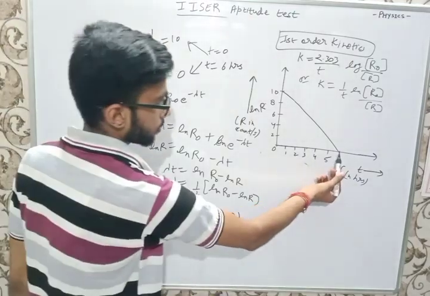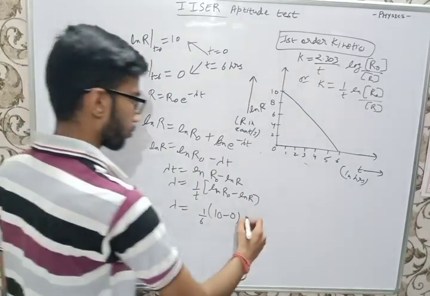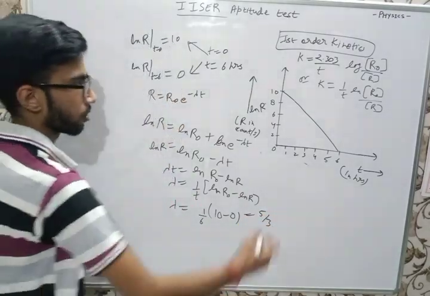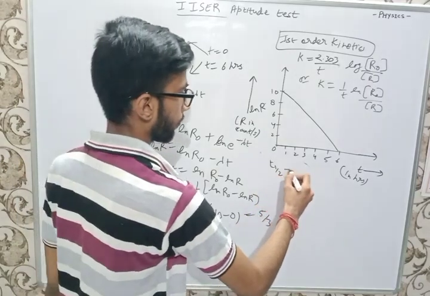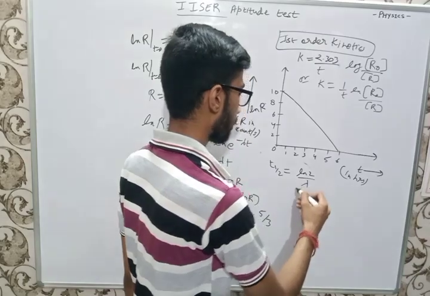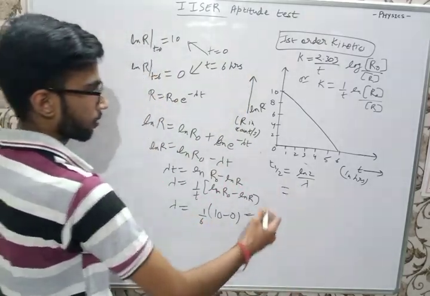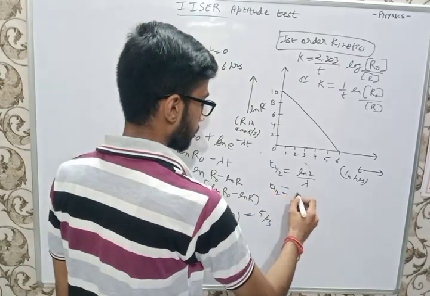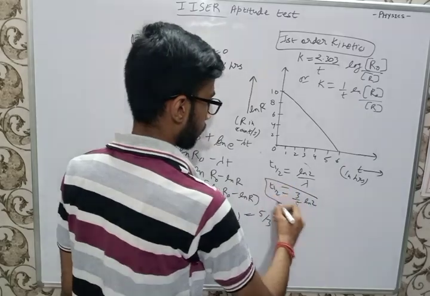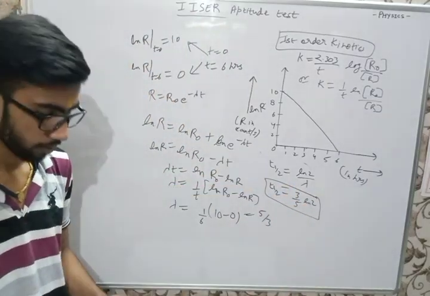See that at t equal to 6, ln R is 0. So lambda will be 5 over 3. Okay. So t half is simply ln 2 over lambda, meaning ln 2 times the reciprocal of lambda. So t half is 3 by 5 ln 2. It is the half-life of the nuclei. Okay.